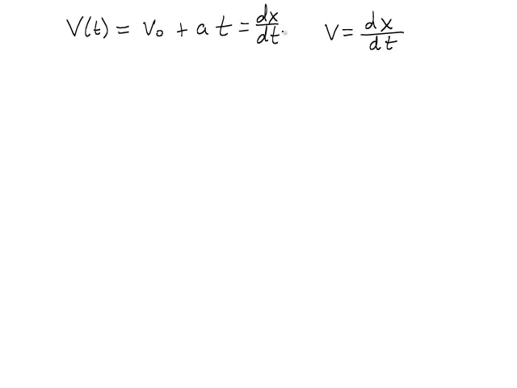Now I'm going to use the same technique we used last time and separate my variables. So I'm going to multiply through by dt. This is going to leave me with dx is equal to v naught dt plus the acceleration times time times a very small change in time. So now I can integrate both sides.